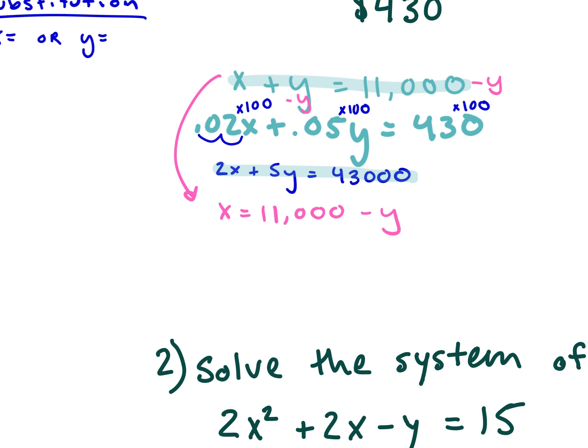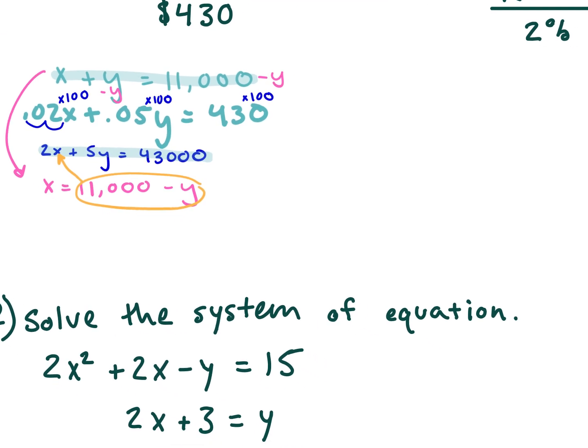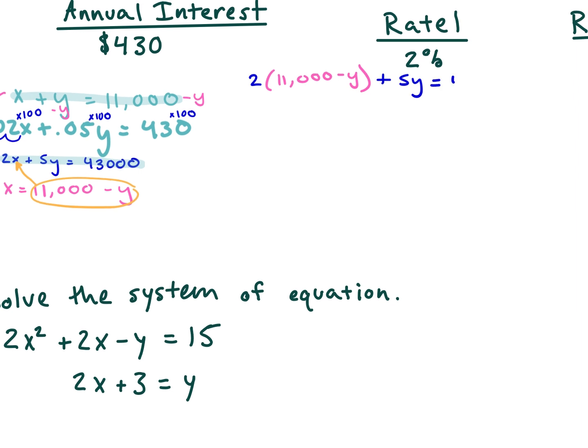So once I get what x is equal to, I'm going to take what x equals and substitute it into the x in the other equation. So we have 2 times 11,000 minus y plus 5y equals 43,000.